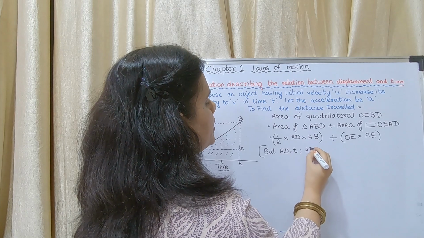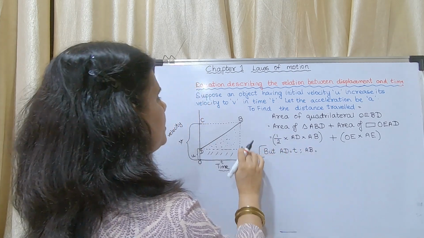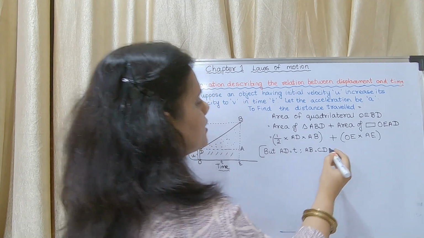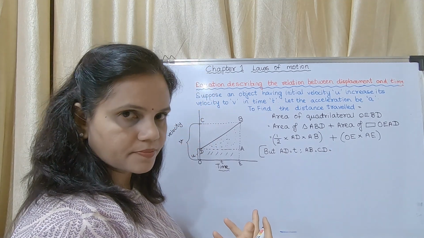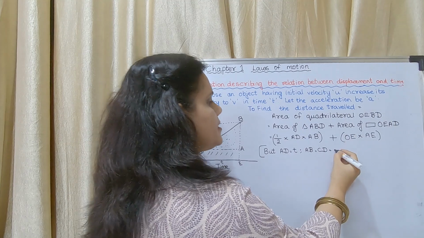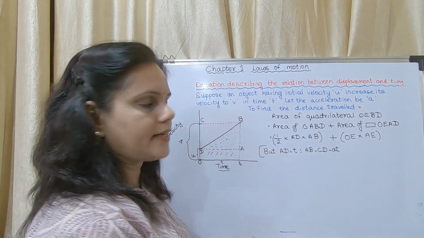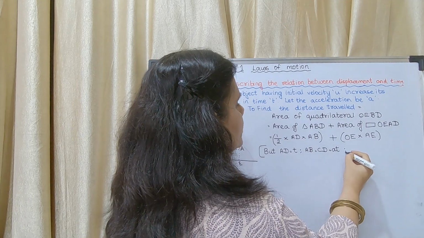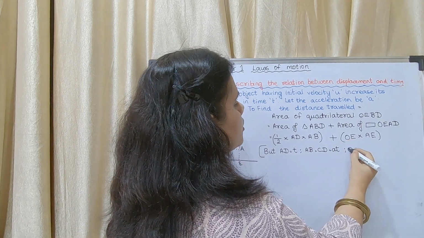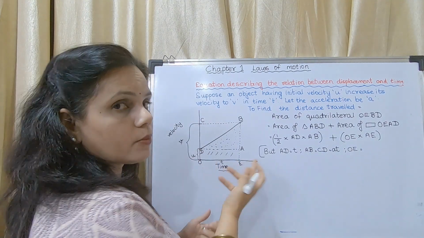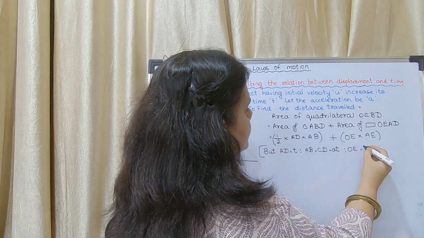What is AB equal to? AB is equal to CD. In the other equation we had calculated CD is equal to at. Now the next one, OE. OE is equal to T, that is time.